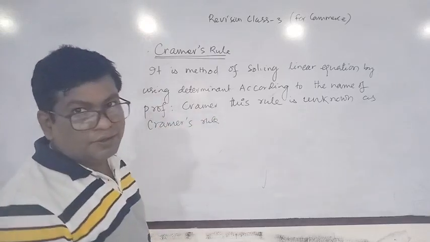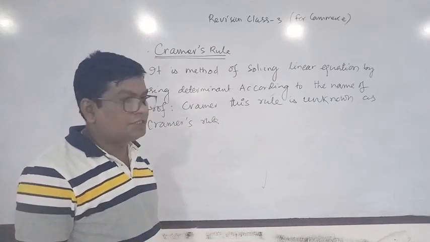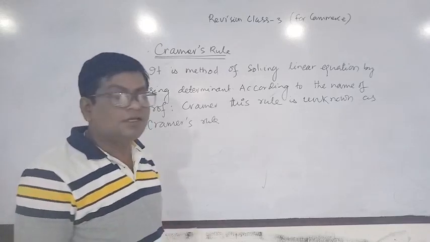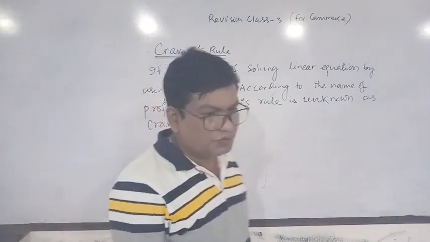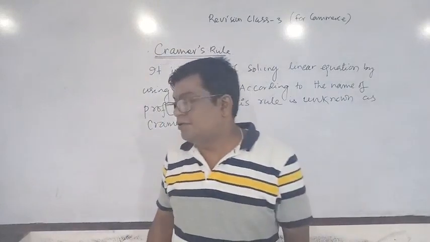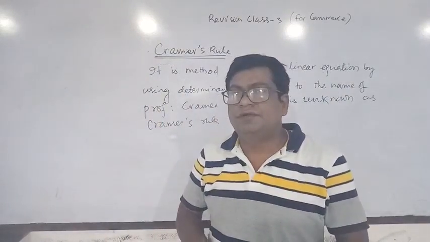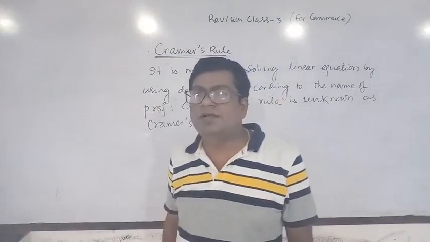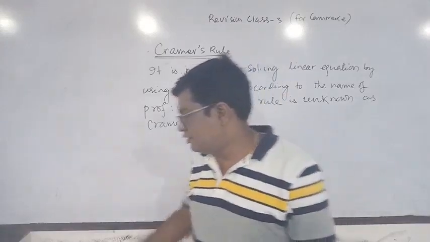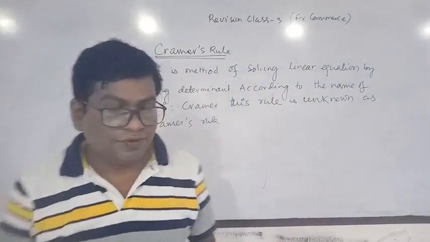So what are the steps to find the values of the unknown variables, that is, to solve linear equations using Cramer's rule? Now let's see the process.